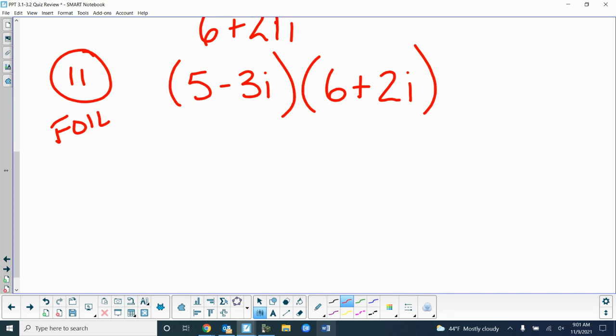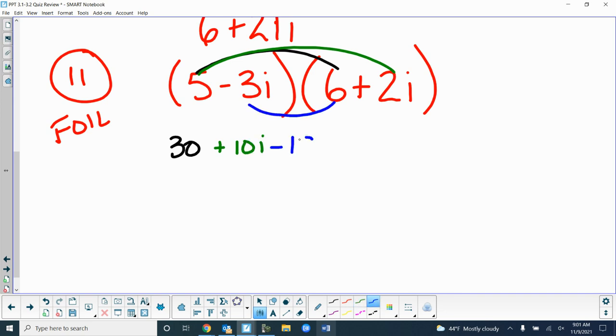So first, 5 times 6. Outside, 5 times 2i. Inside, negative 3i times 6. I want you guys to pay attention. Last, negative 3i times positive 2i is a negative 6i squared.